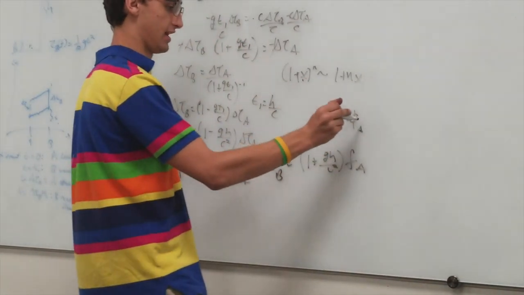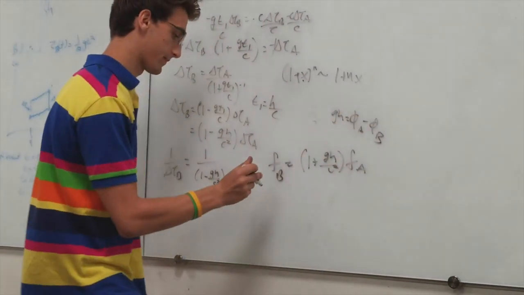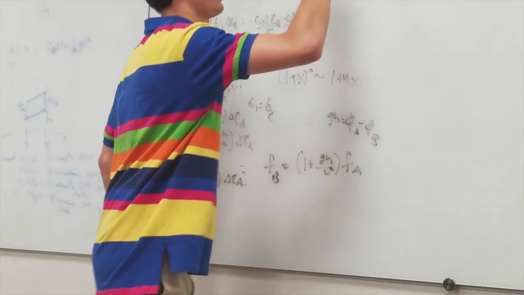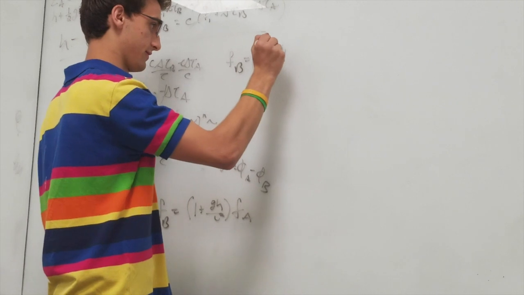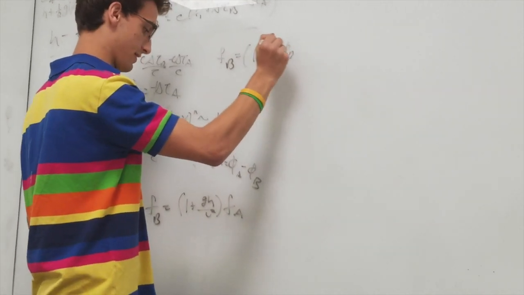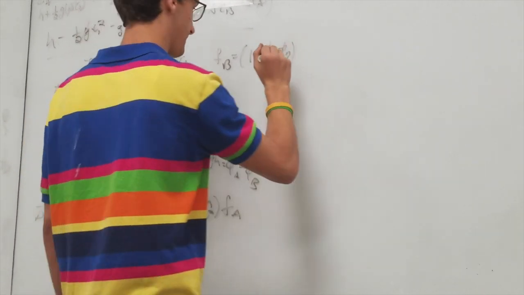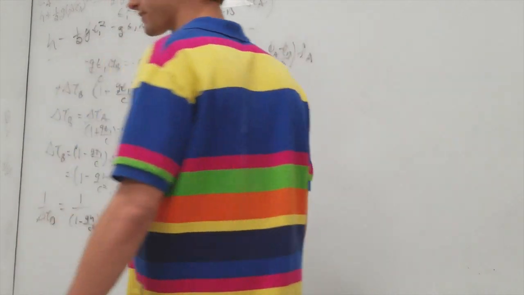This is the potential at Alice, this is the potential at Bob. Now we get the frequency to be 1 plus phi A minus phi B over c squared, times f A.